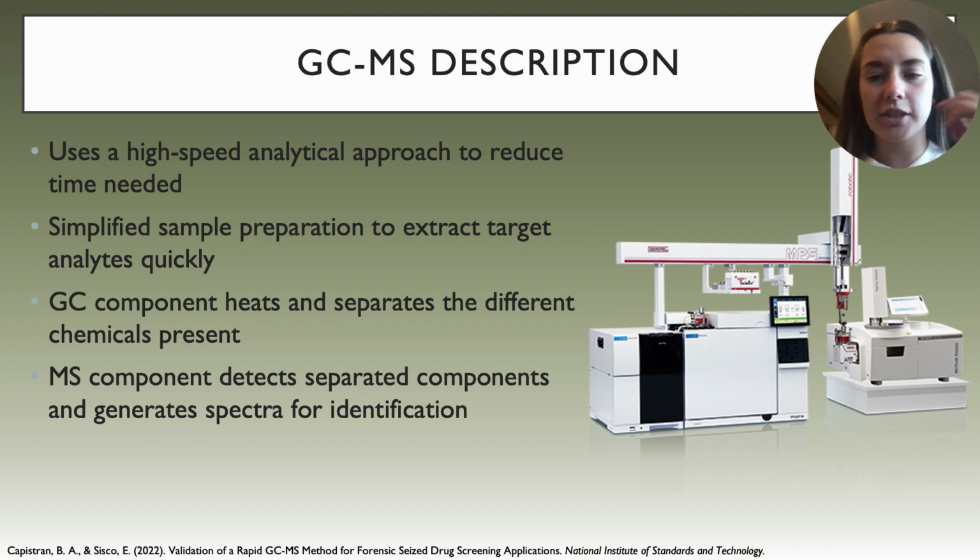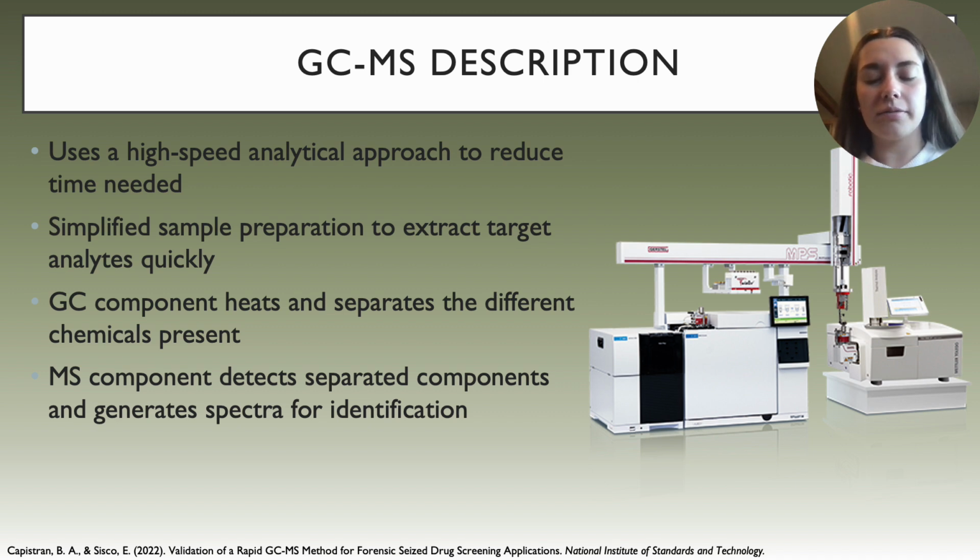So the description of a GCMS instrument: it uses a high-speed analytical approach to reduce the time needed to test that sample. In this case, GCMS uses a simplified sample preparation to extract the target analytes much more quickly than a more complex sample.